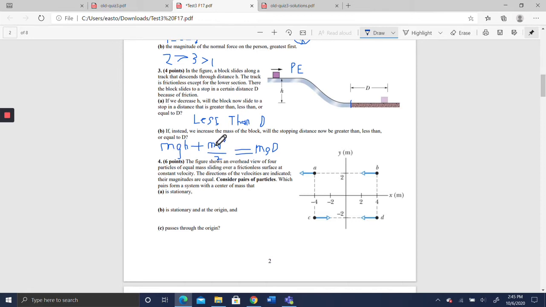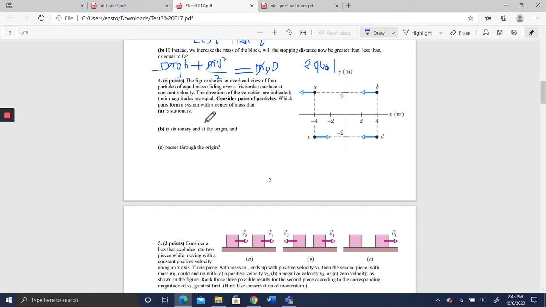That means we can cross it all out, because even if we increase mass on one end, it'll increase the same on all the other energies. So this one will be equal. Alright, and now on to problem 4.